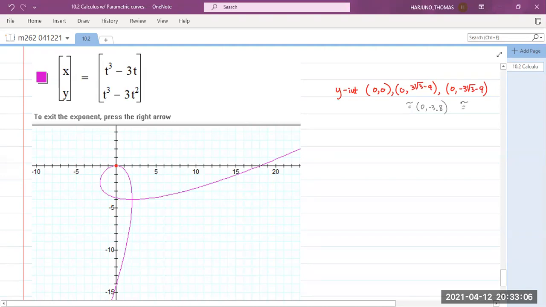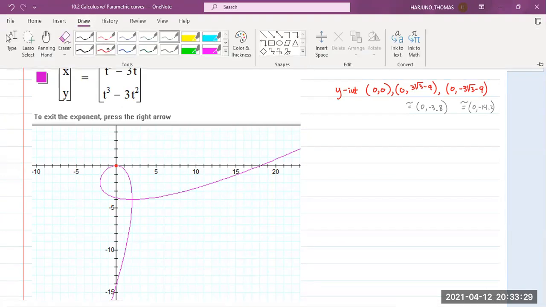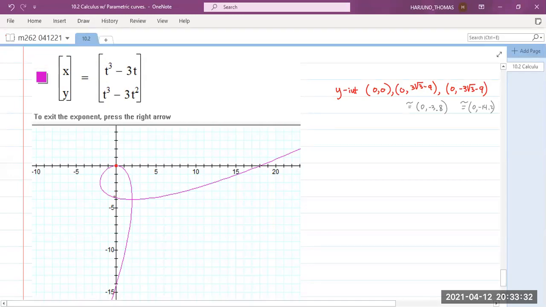And that one is approximately negative 14. See, it's quite a good estimate, right? So one of them is 0, 0. And then negative 3.8 for the y-intercept, not even negative 4. And this one here is negative 14.2.